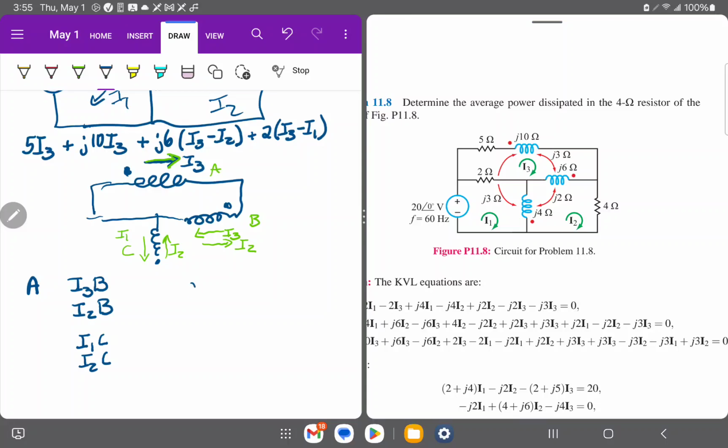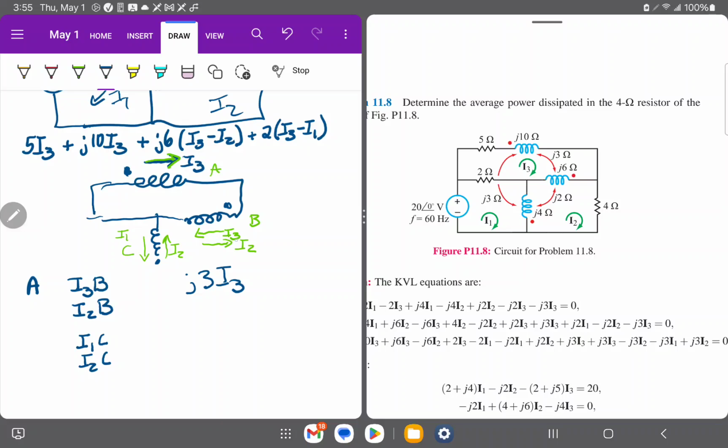So it'll be J3, and then I3 is going into the dotted side of A. I3 is also going into the dotted side of B, so for the one coming from I3, it'll have the same sign as our self-inductance, which is positive.